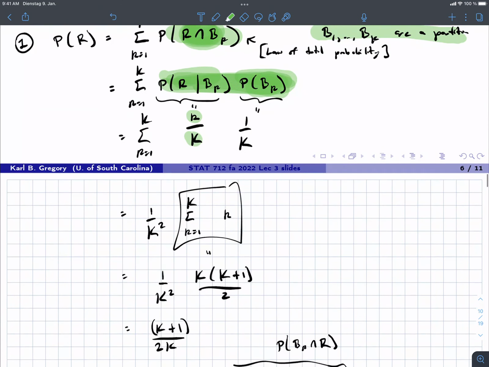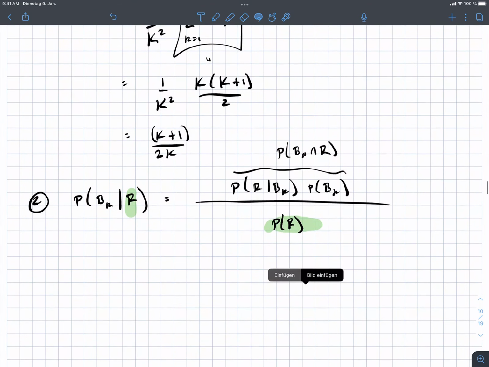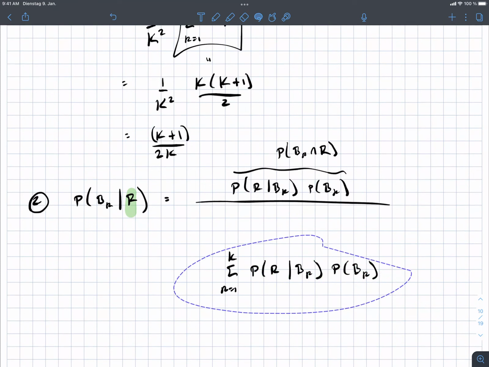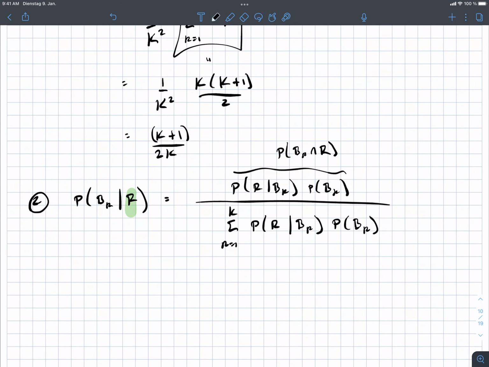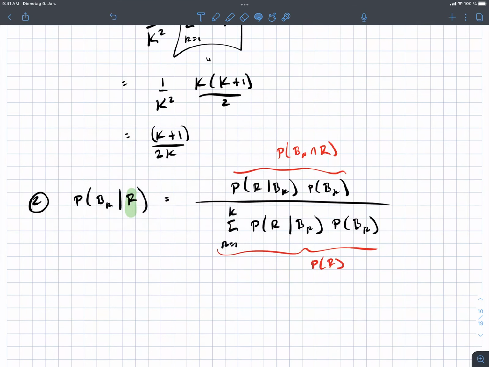We can write that with this expression. We've already computed it in part 1, so let me just put it in here. This is just the probability of R, the probability of drawing a red marble at all.